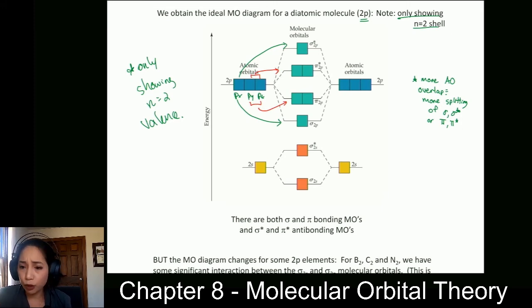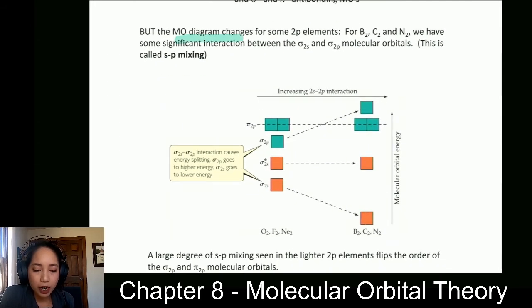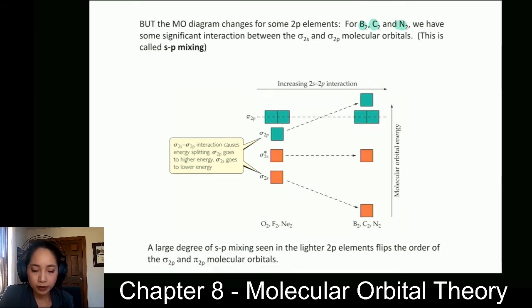But just to throw a wrench into the machinery of the idealized MO diagram that I've just introduced, as we move from boron to neon, some things change. Boron, carbon, and nitrogen have what's called significant sp mixing, meaning that a lot of interaction occurs between the sigma 2s and sigma 2p orbitals.